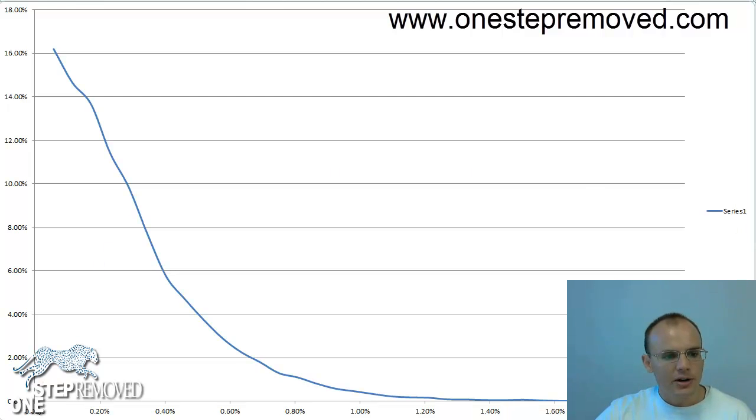And what you see here is that about 16% of the time the price is almost exactly equal to the moving average. About 12 or 13% of the time, it's about 0.2% away. And then 6% of the time it's about 0.4% away. So you see there's a very rapid drop off as the distance away from the moving average increases.